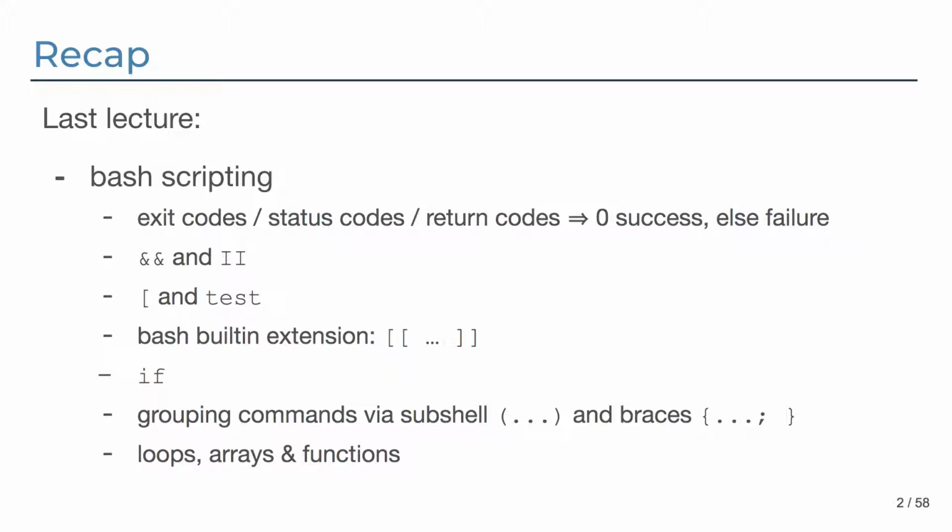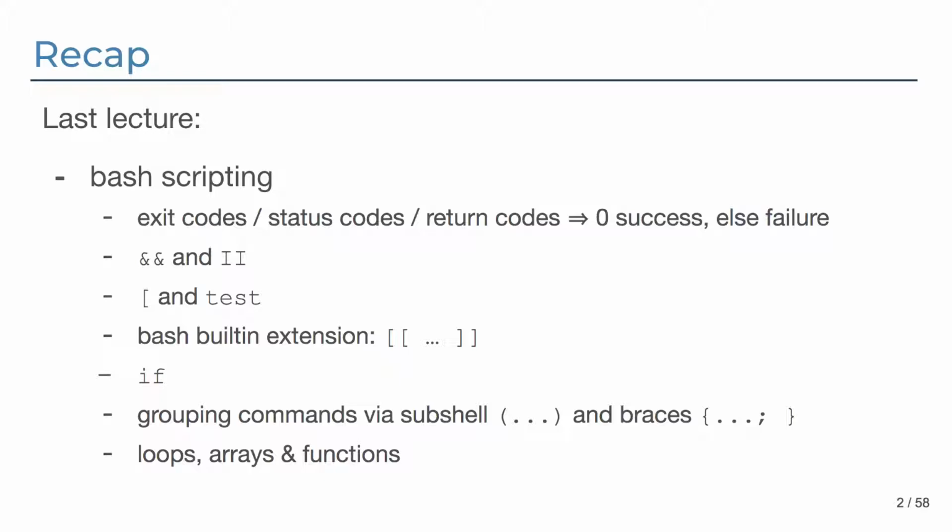Then we talked extensively about tests and how to write them in order to have Boolean conditions to later use in if statements. For that we had one option, which was the test command, or the command which is just a square bracket. We saw there were some issues regarding white space and the oddness that when you compare numbers you have to use these weird short strings like minus gt, for example, if you want to check that a number is greater than another.